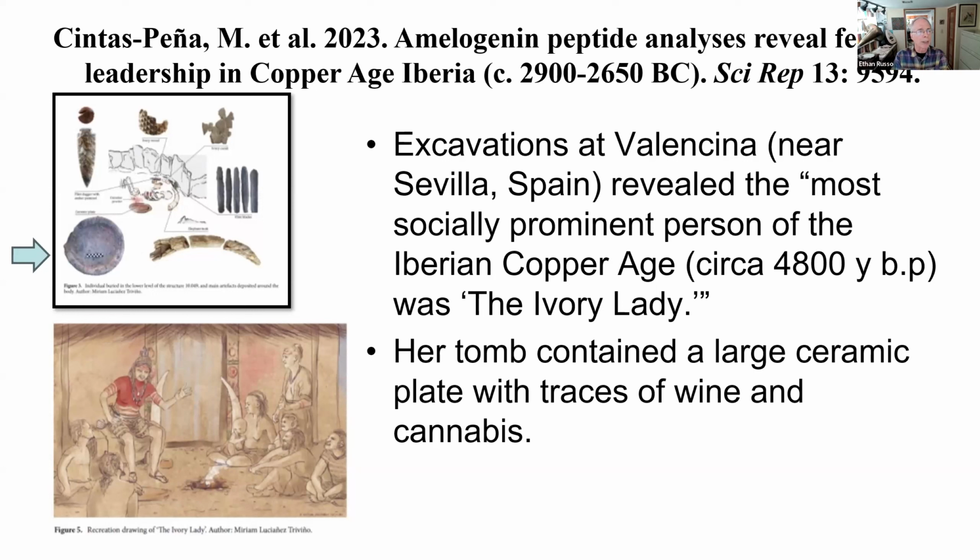Why we're including this is, if you look at the arrow, there was a large ceramic plate that had traces of wine and cannabis on it. And currently, this would be the first, what would we say, non-fiber use of cannabis that we know of in Europe.